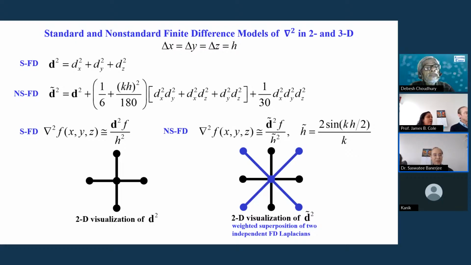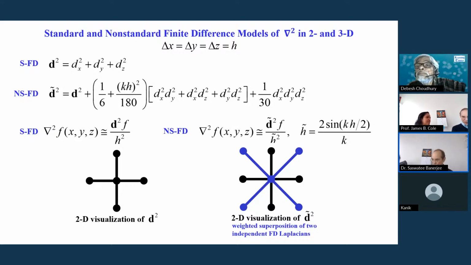And in 2 and 3 dimensions, your distance on the grid is, if this is 1, 1, then this is the square root of 2. So the point is your space step will have to be bigger.